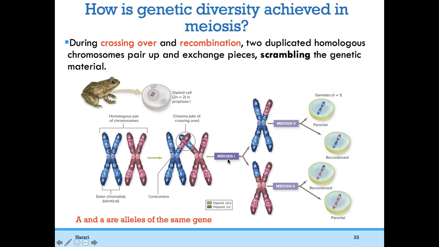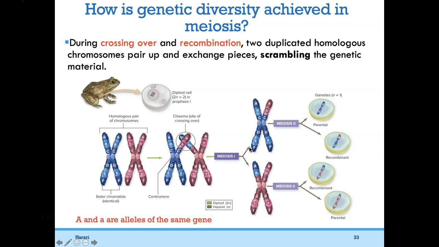And this is in meiosis I. And after meiosis I, we now have haploid cells. These are now haploid. We only have one copy of each gene. We don't have 2 copies anymore. Before, with the exception of this crossing over, we had big D and little d. Now we only have big D or little d.